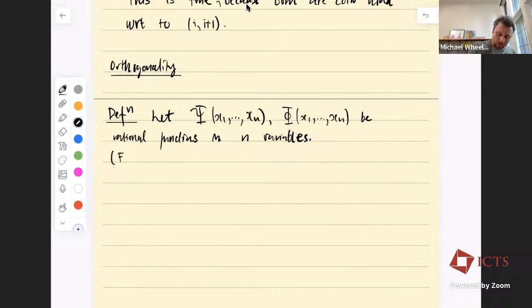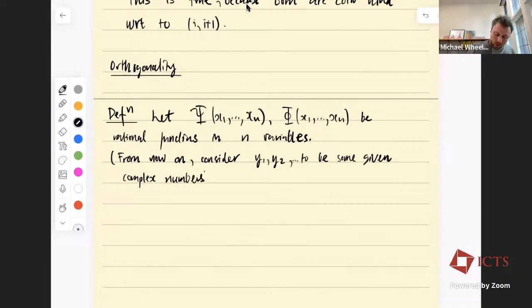So from now on, consider this alphabet y1, y2 to be some given complex numbers. And in fact, we're actually going to assume that they're all very close to each other, and so we actually make quite a lot of assumptions about these y parameters. The point being that the statement we're about to give is an algebraic statement.